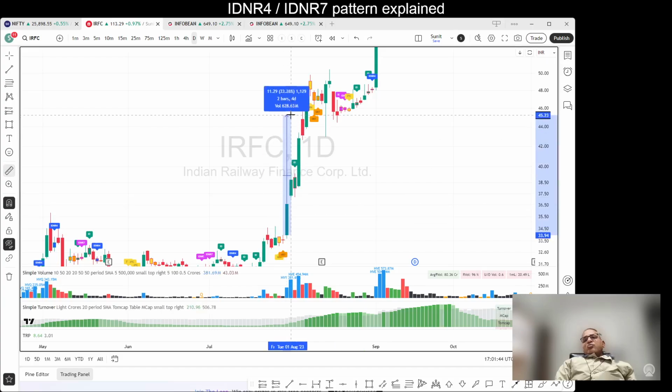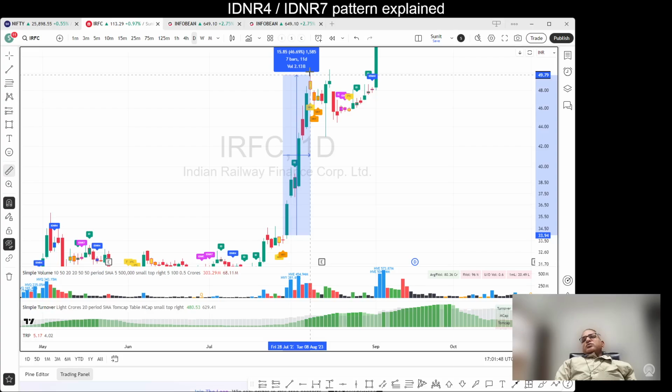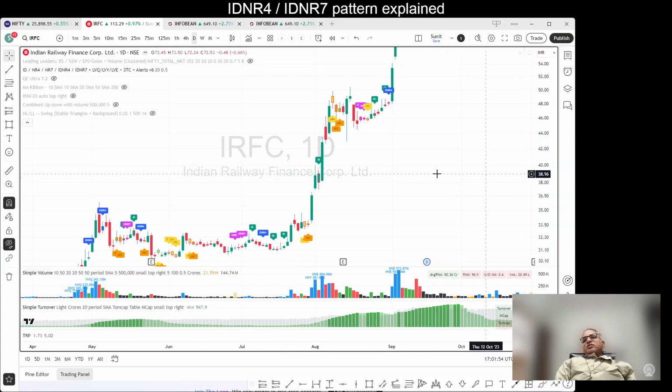From the breakout zone to here, it's around 46.69%. And in how many days? You can see, in 6 or 7 candles.